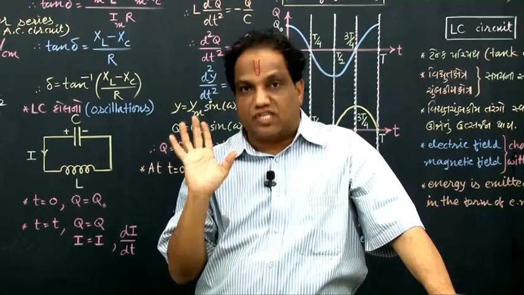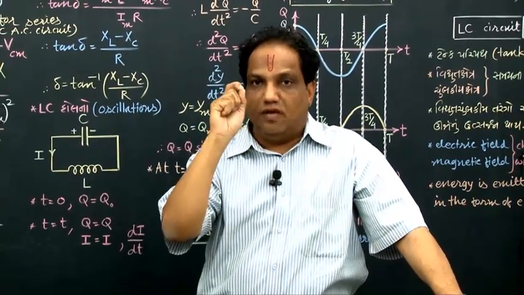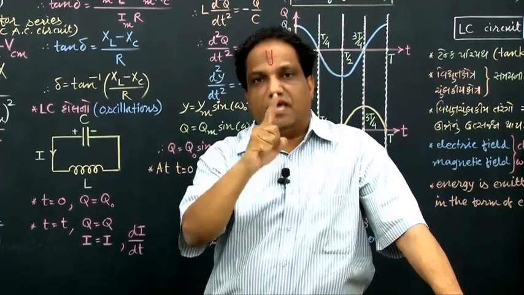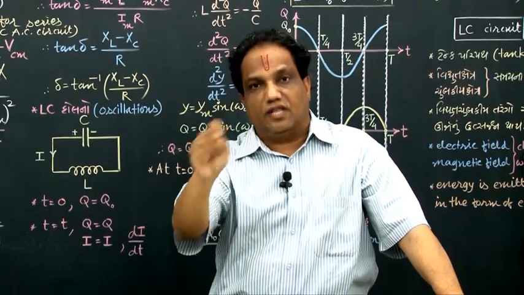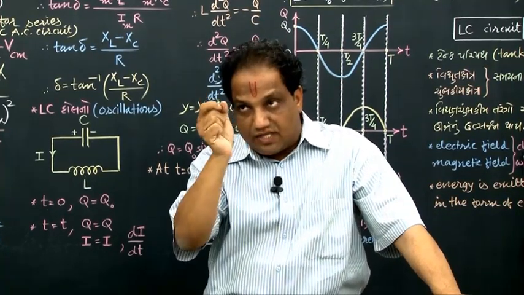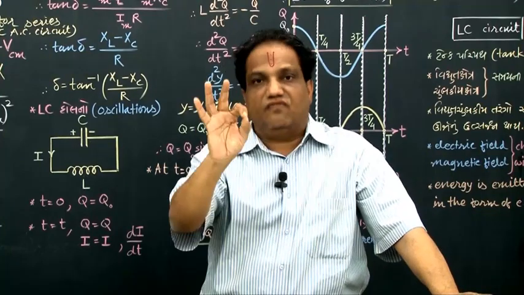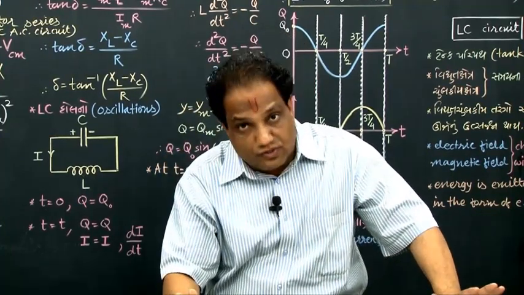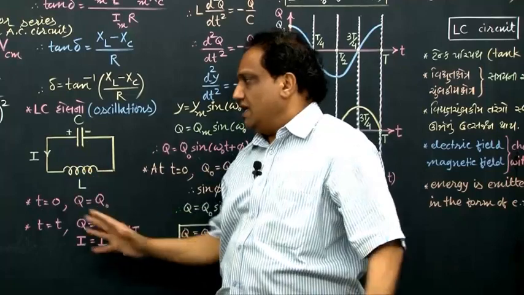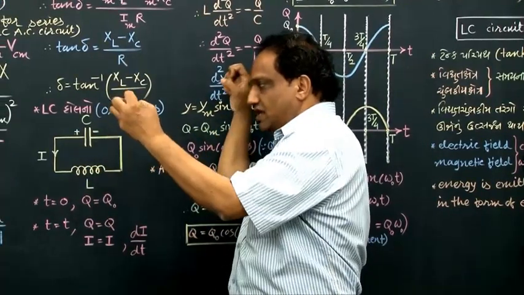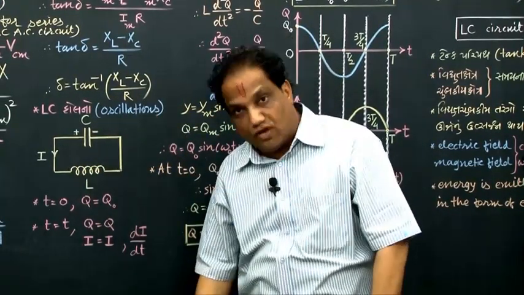And it was Maxwell who had proved one very important result. Whenever any charge performs an accelerated motion, it emits energy in the form of electromagnetic waves. So from this circuit, energy is emitted outside in the form of electromagnetic waves.